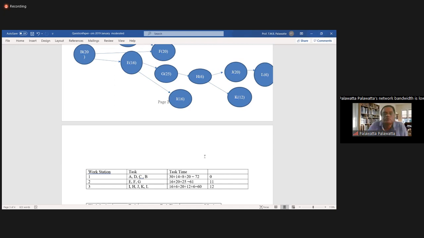I think this may have clarified the importance of balancing assembly lines. One thing, it increases the total production efficiency and minimizes idle time. The other thing is how you arrive at the optimal balance.